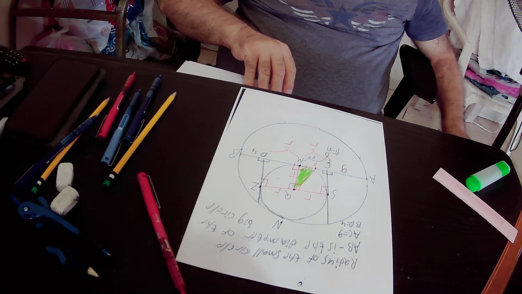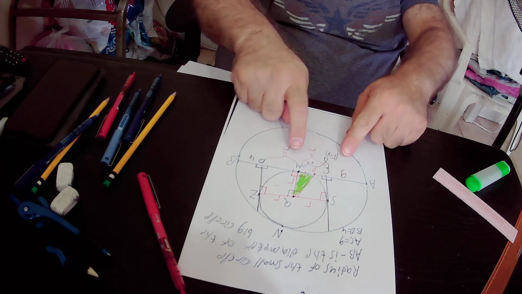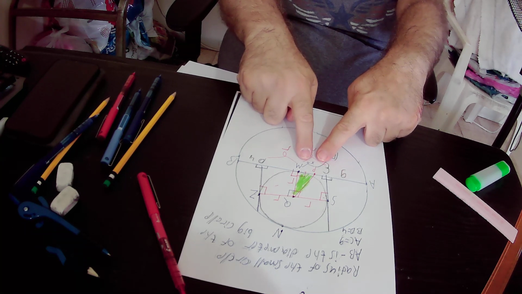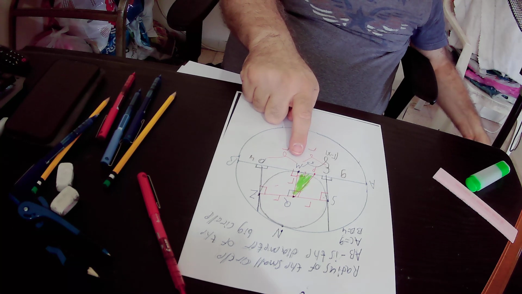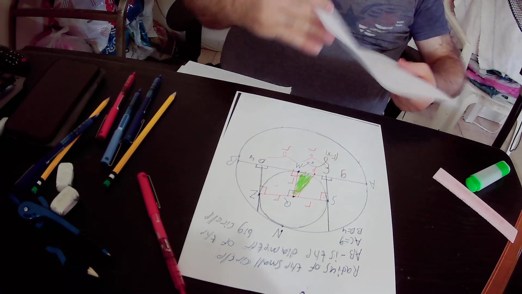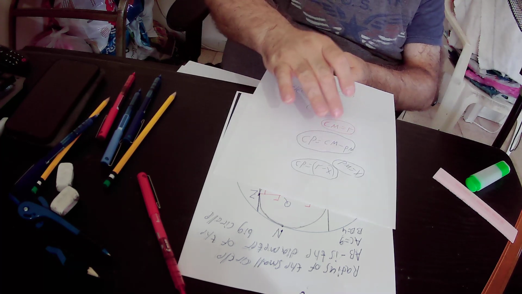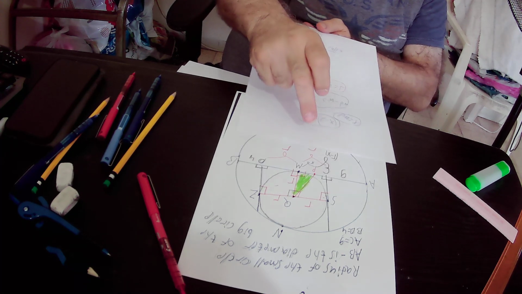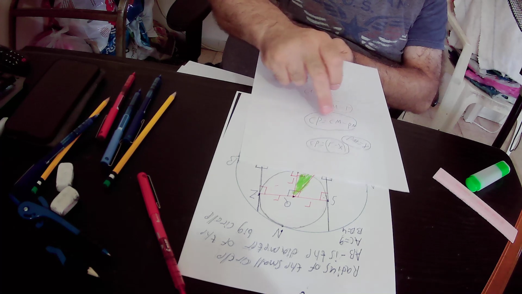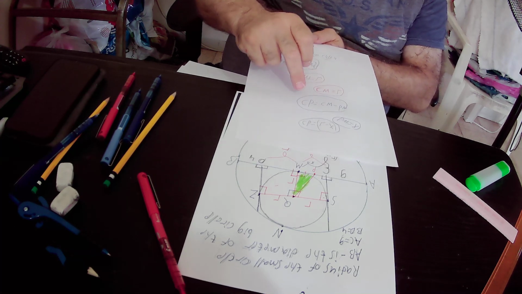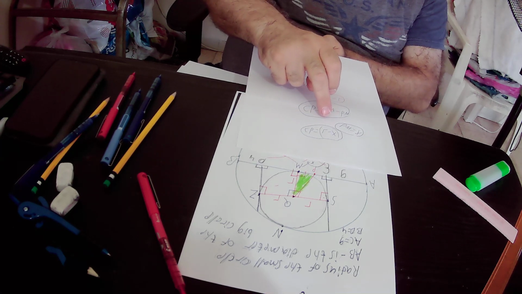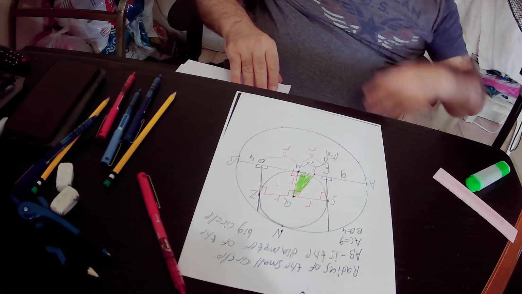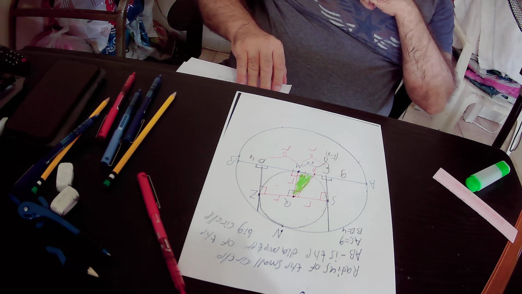Okay, CP equals CM minus PM, but we know that PM equals X, and CM is the radius of the small circle, so CP equals small r minus X.